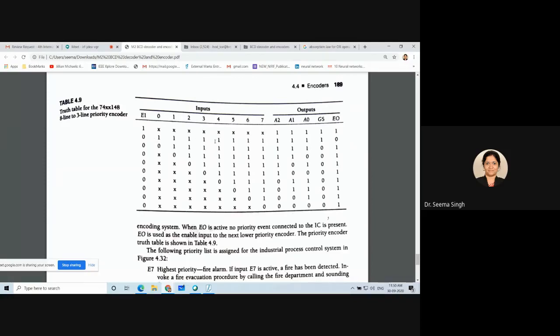And if none of the inputs is active, as you can see in the first and second rows, your GS remains high. So this is an important thing to note: GS goes low as soon as any input becomes active, because it is an active low output.